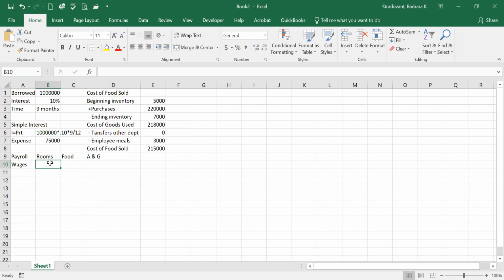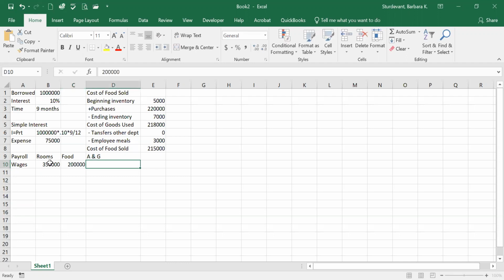What are the salaries for rooms? Just take it off the list. What is it? Rooms is 350,000. And food? 200,000.